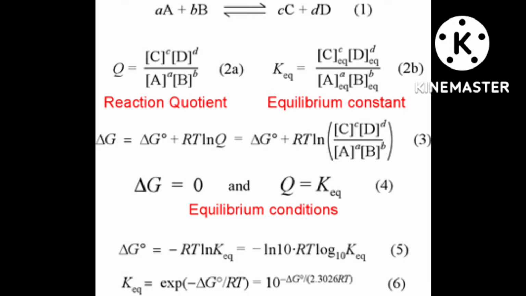This relation is most important in solving numericals based on thermodynamics: delta G is equal to standard delta G plus RT ln K, where K is the equilibrium constant.